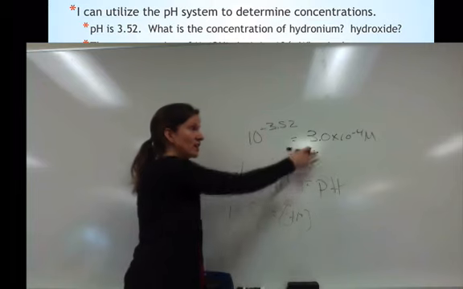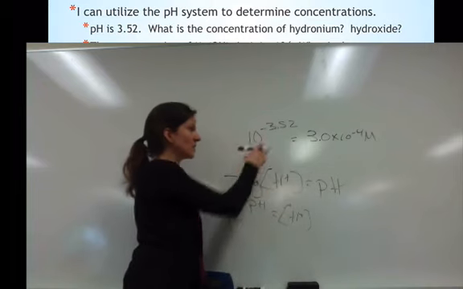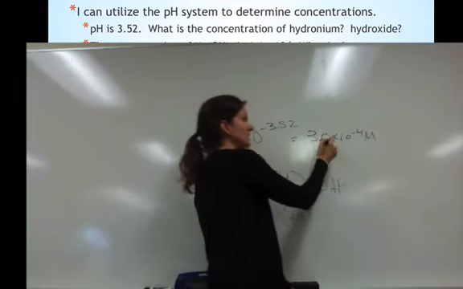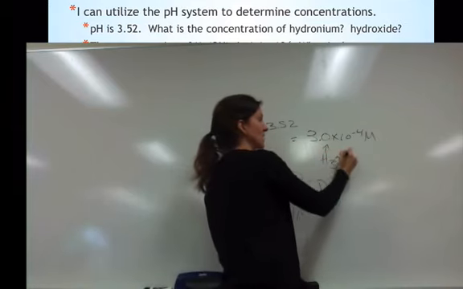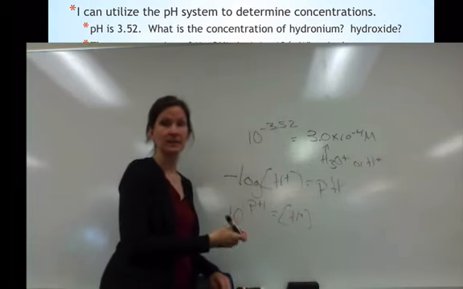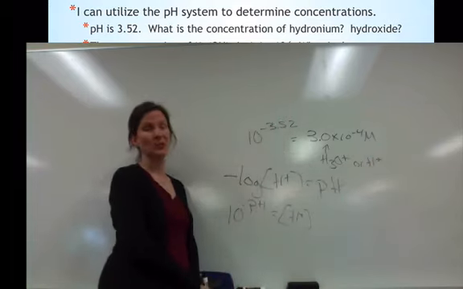Now, is this concentration of hydronium or hydroxide? pH is always having the relationship with H, or hydronium. So this gets me concentration of the hydronium ion or the H plus ion, depending on how you want to write it. And to get hydroxide, there's a bunch of ways to do it.